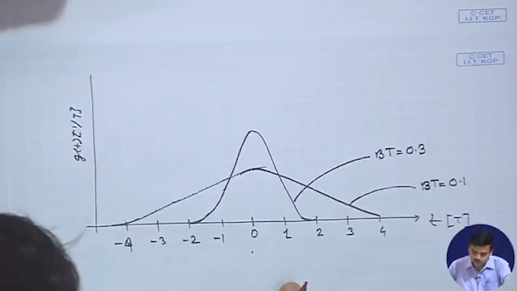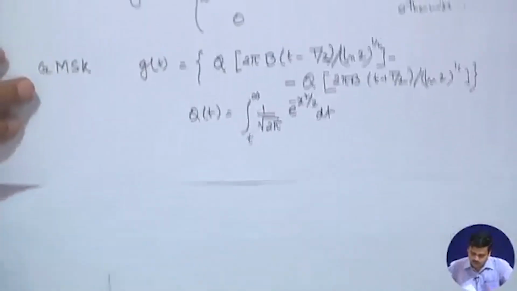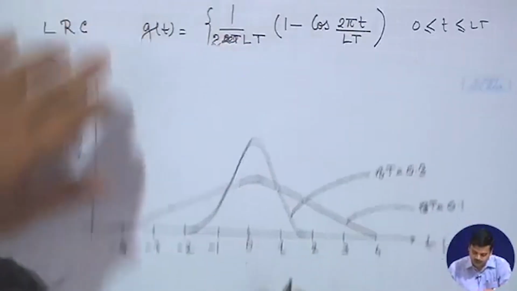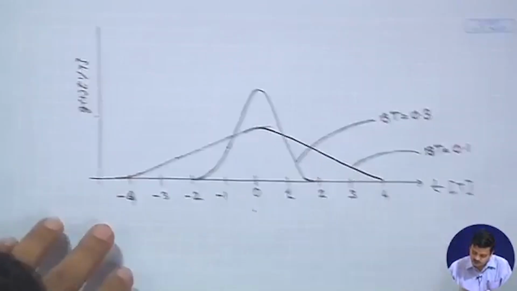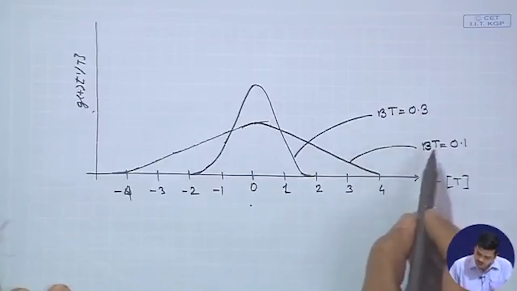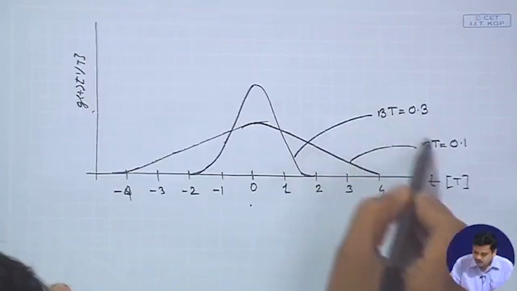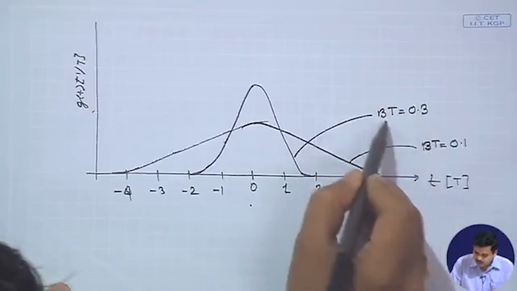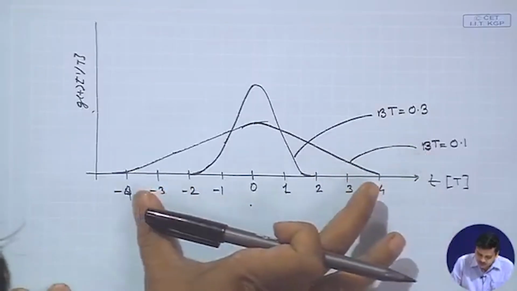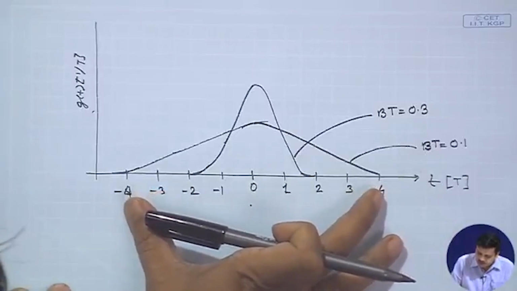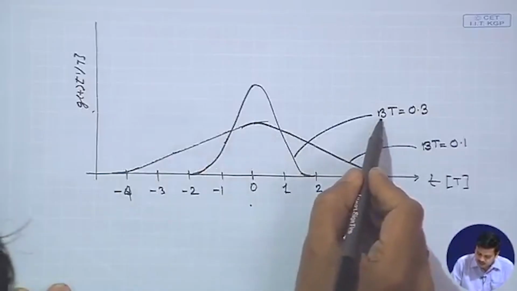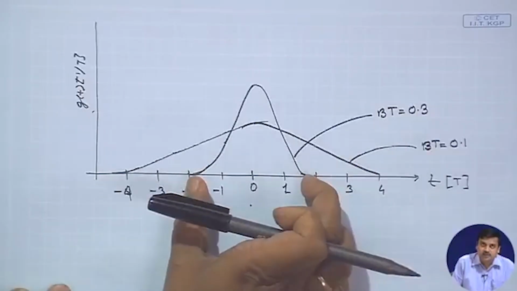In this particular expression, the product of B and T is what we are looking at when drawing this picture. So, if T is constant, as we reduce the parameter B, the pulse duration is increasing, right. This duration is increasing, and as we increase this B parameter, this duration is decreasing.